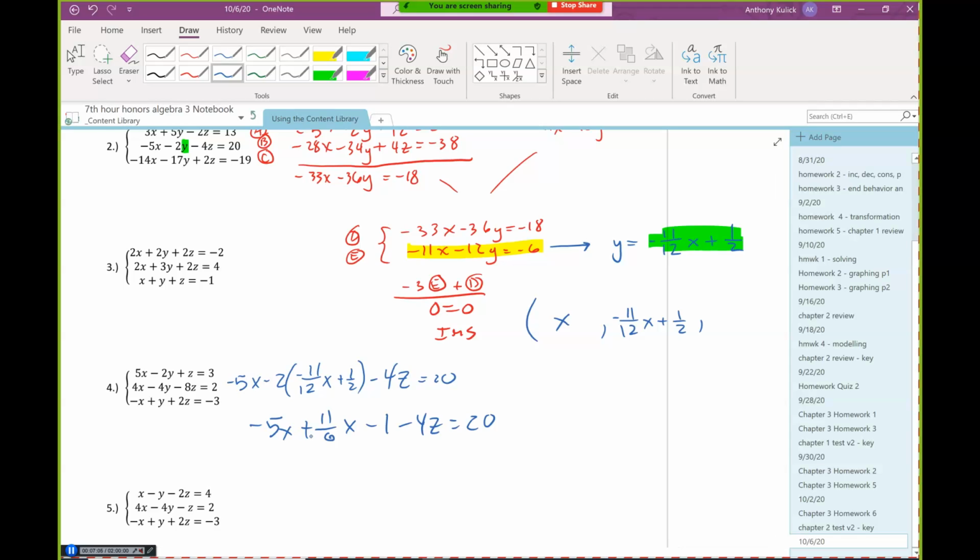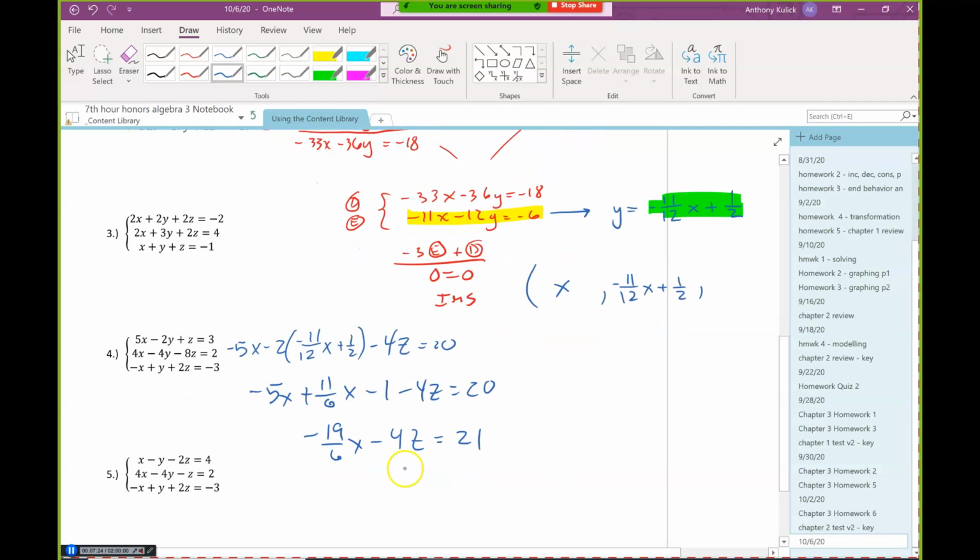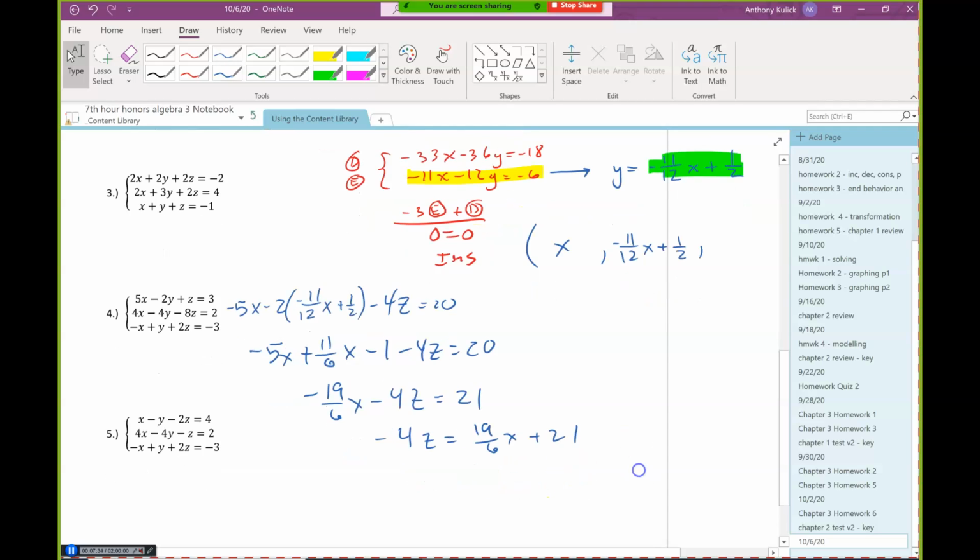Making a common denominator, negative 5 becomes negative 30 over 6. So that becomes negative 19 over 6x minus 4z is equal to 21 now that I added the 1 over. Is that okay? And then we'll add over the 19 over 6x, and then multiply by negative 1/4, which is the same thing as dividing by negative 4.